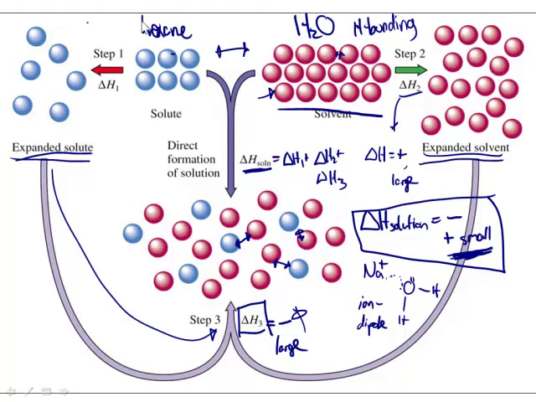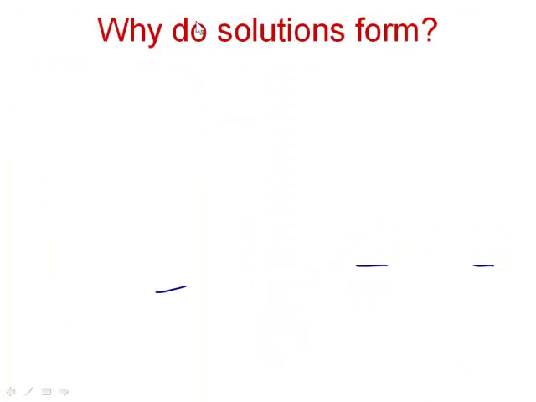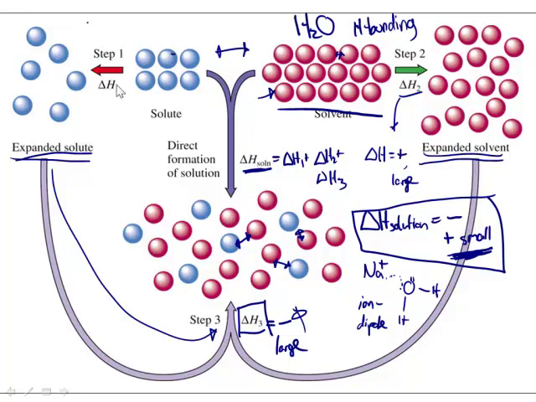Sorry, put that in the wrong spot here. So we'll call this benzene. Benzene is a nonpolar organic solute. Again, in order for a solution to form, we have to separate or expand the solute particles. To do that is going to require energy.